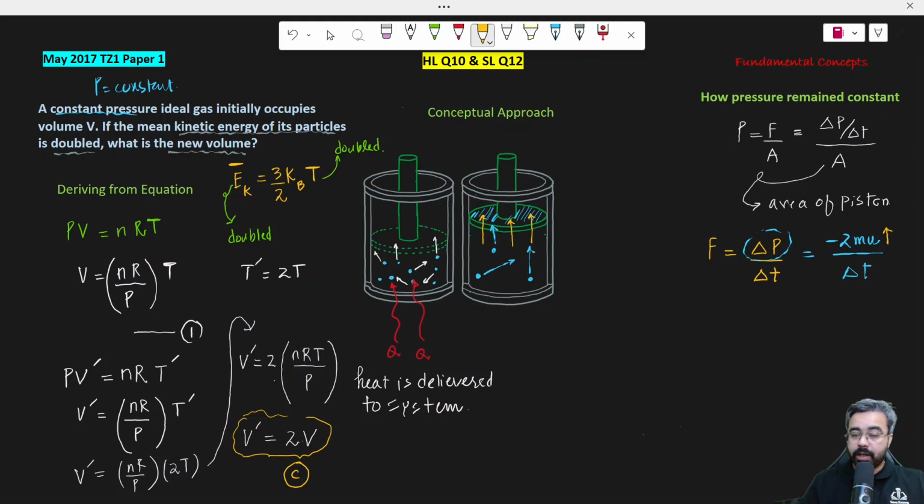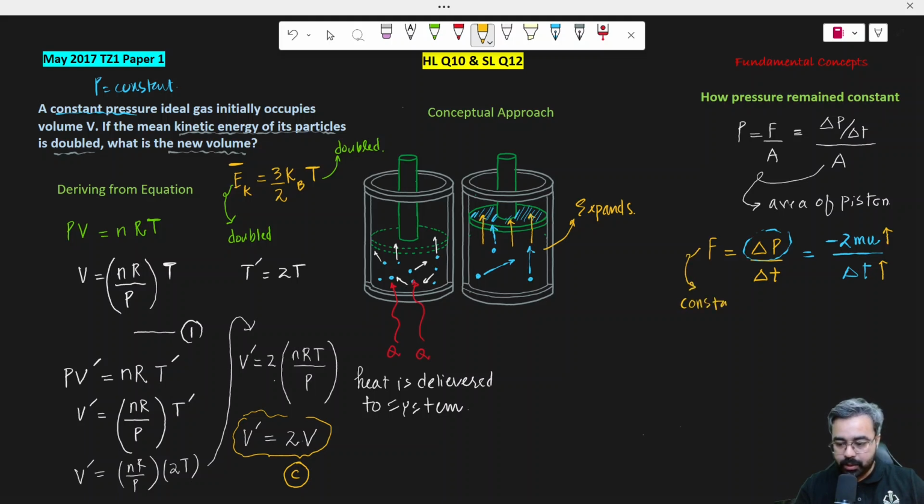But at the same time, to keep the pressure constant, the gas expands, right? Why does the gas expand? Because this time factor should also increase. Only in that case can the force be constant.